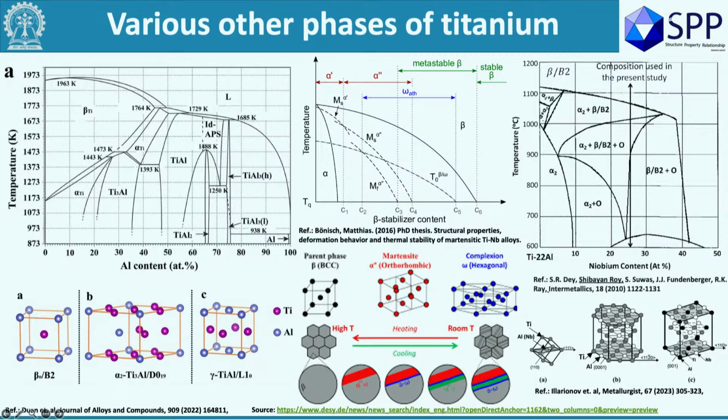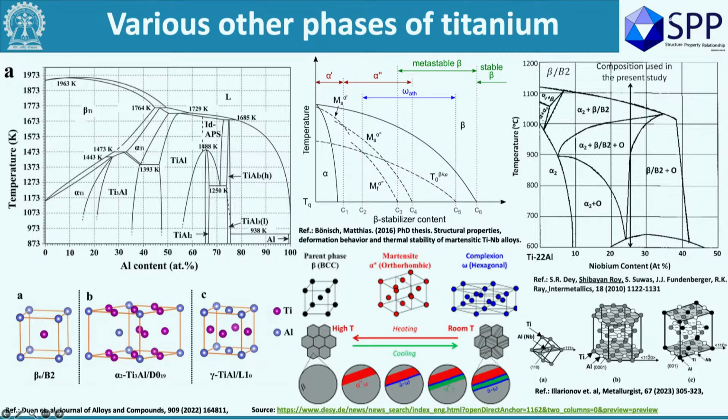As you move towards almost 50%, you start getting an ordered intermetallic phase called alpha 2. Then you move even further and you get another intermetallic phase, gamma titanium aluminide. So these are ordered intermetallic phases. And this is on the alpha stabilizer side, aluminum.